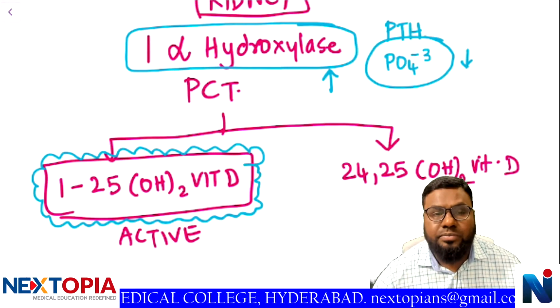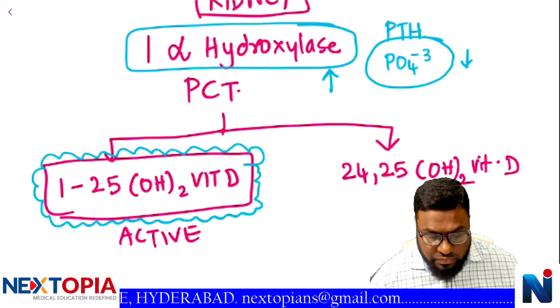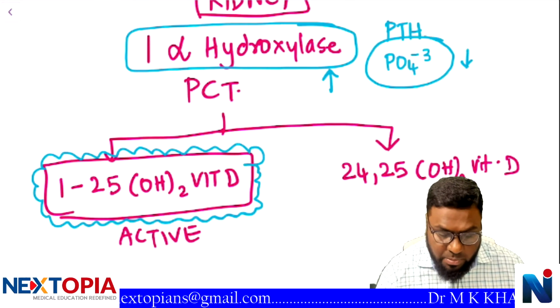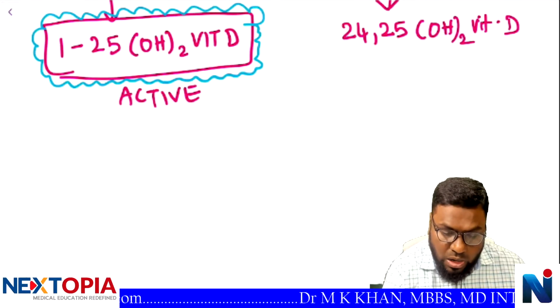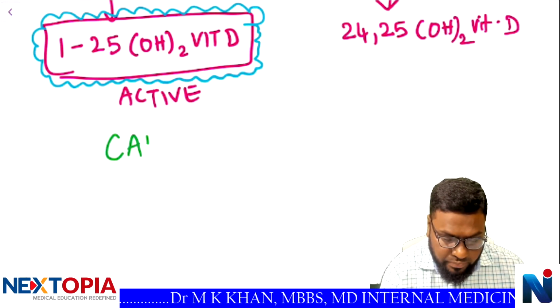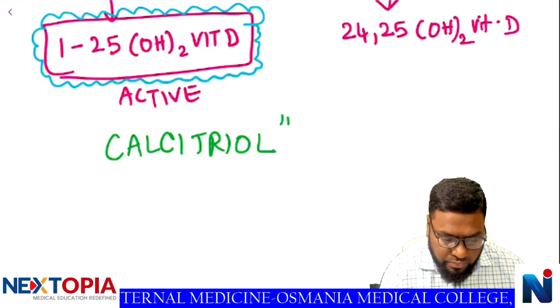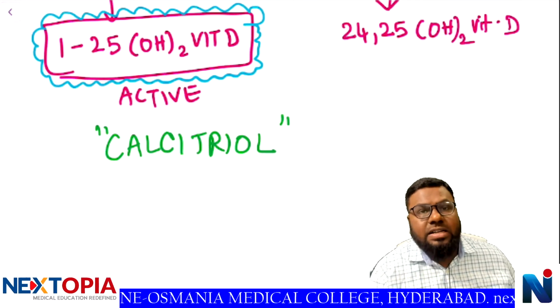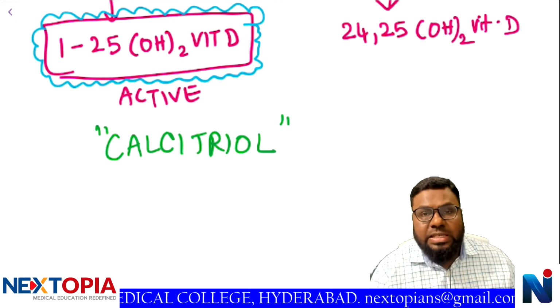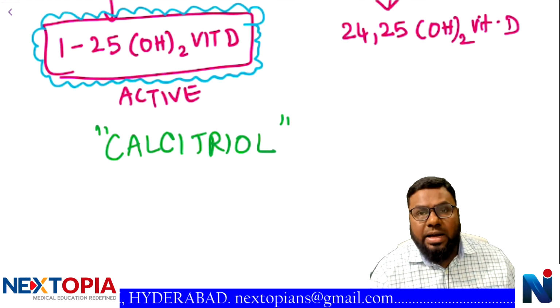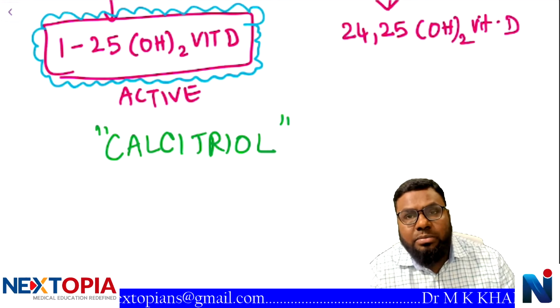All right. The synthesis of the active form of vitamin D. The active form of vitamin D, we call it calcitriol. The synthesis of calcitriol starts from the skin or gut, then goes to the liver, from there to the kidney.